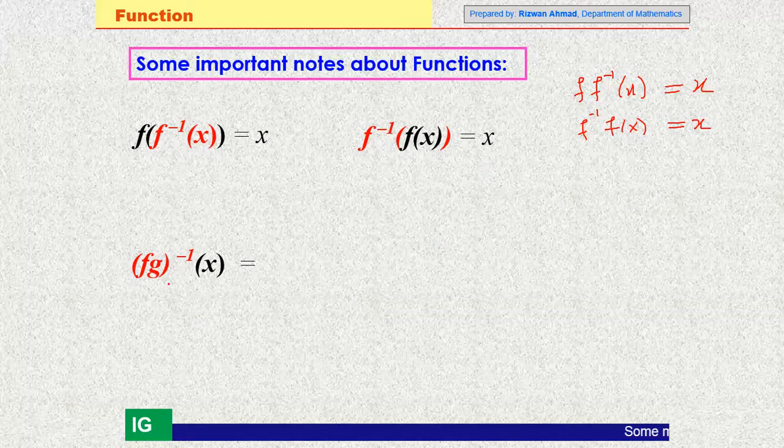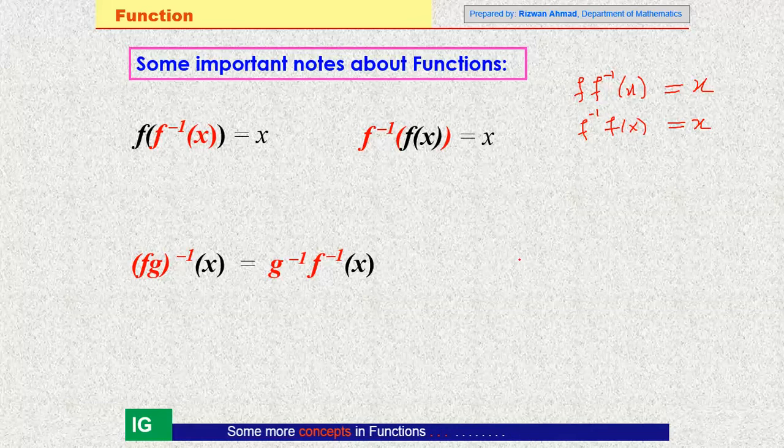Another fact is that g f of g f whole inverse of x is always equal to g inverse f inverse of x. When we open the bracket for the inverse function, we change the order of the functions. Before it was f g, now it is g f.